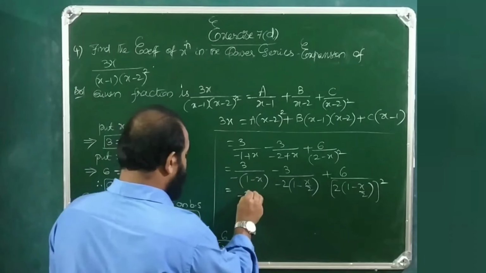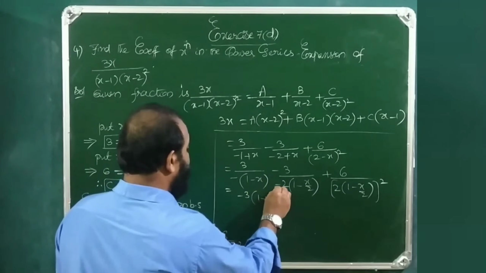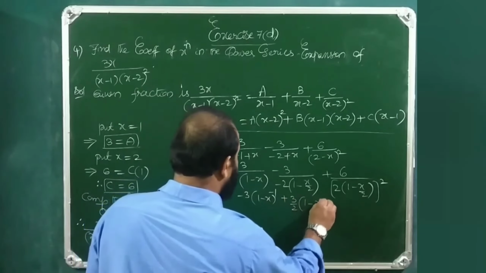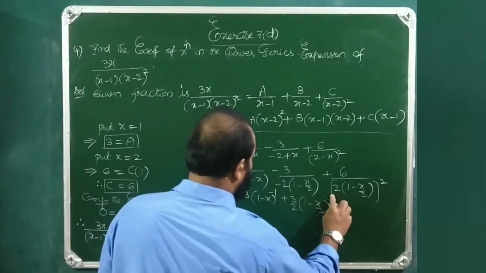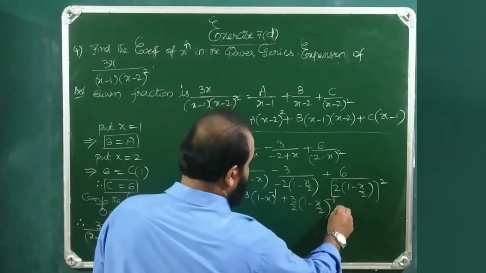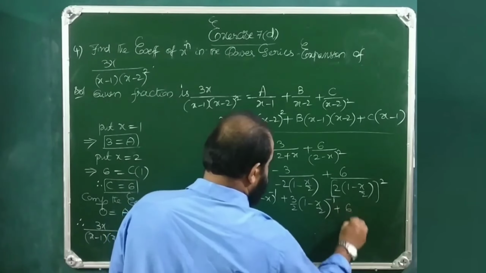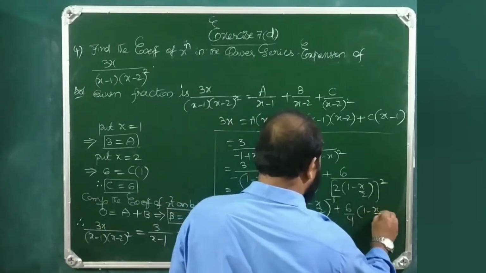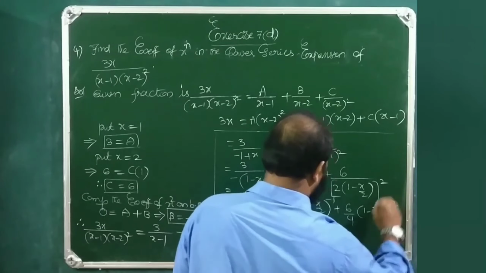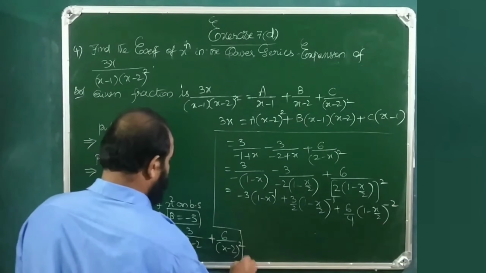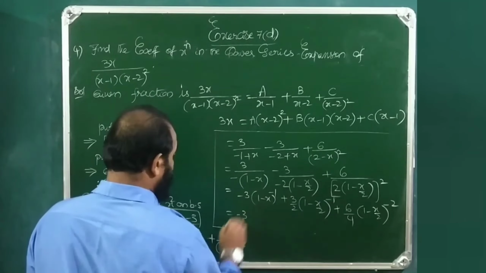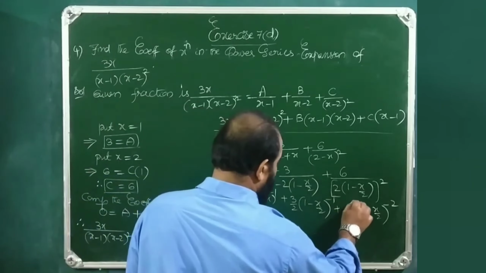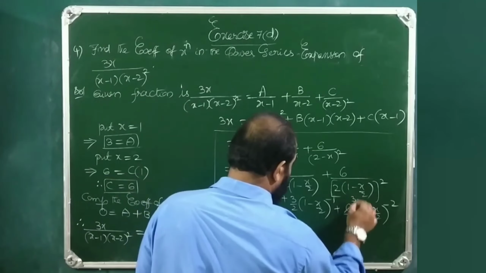This is equals to minus 3 into 1 minus x whole power minus 1. Minus minus gets cancelled, 3 by 2 into 1 minus x by 2 whole power minus 1, plus 6 by 2 square is 4. This is 1 minus x by 2 whole power minus 2. This is equals to minus 3 into, so here 2 3's, 2 2's.